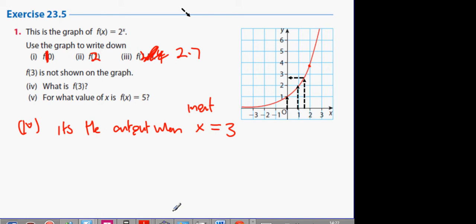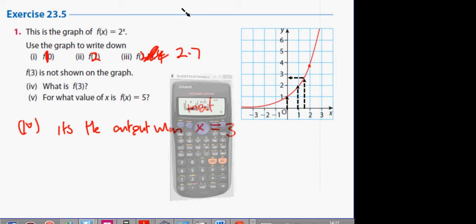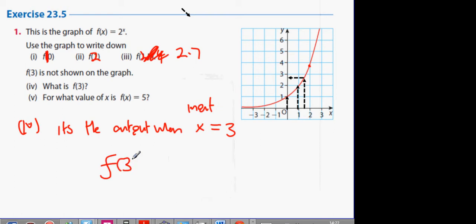We could always use our calculator. And what is f of 3? f of 3 is 8. What else could you do? Replace x with 3. f of 3 equals 2 to the power of 3, which is also 8.